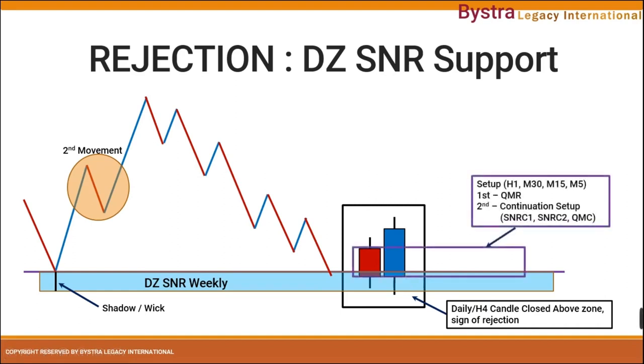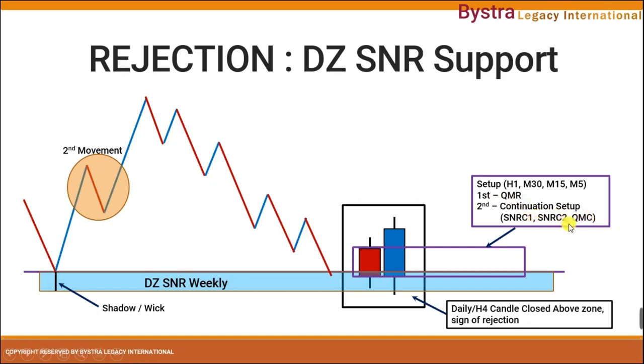Next, at the H1 and all the way down to the M5 time frame, we can look for the setup. The potential setup normally first is always the QMR, the Quasimodo reversal. After a QMR occurred, normally comes the continuation setup, which is the SNRC1, SNRC2, and the QMC.